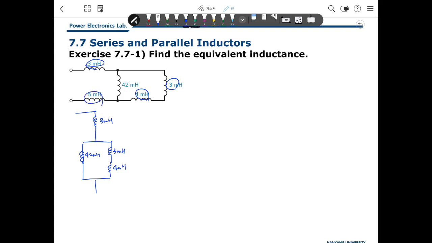Then we have one more branch here, a 5 millihenry. Now we need to simplify because 3 millihenry and 4 millihenry are connected in series, so this is 7 millihenry. Then this branch looks like 42 and 7 connected in parallel.